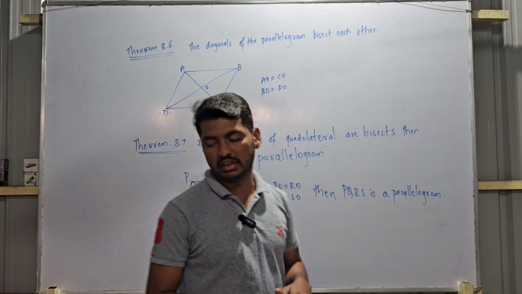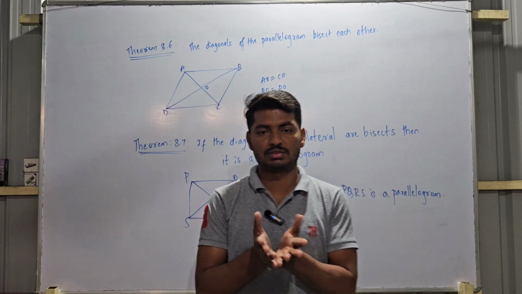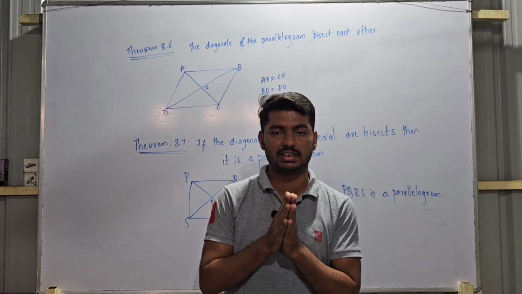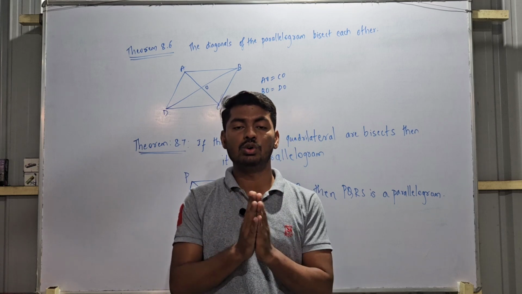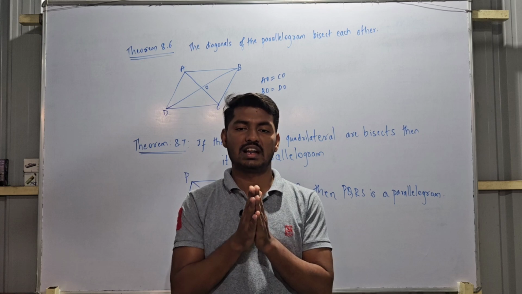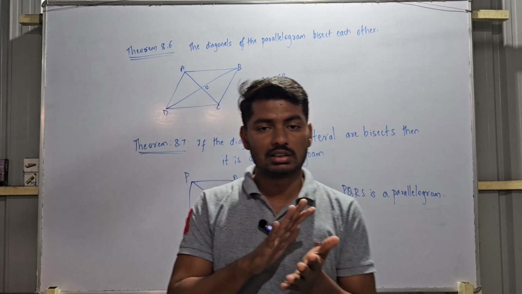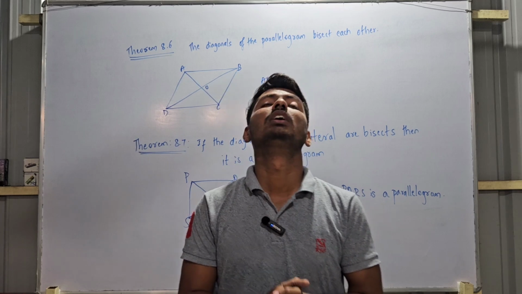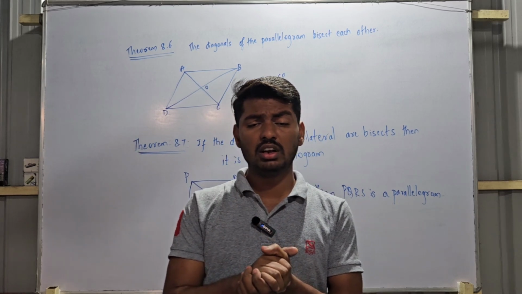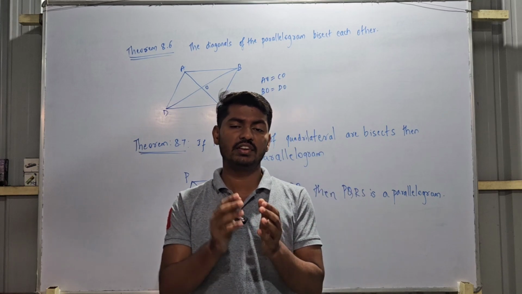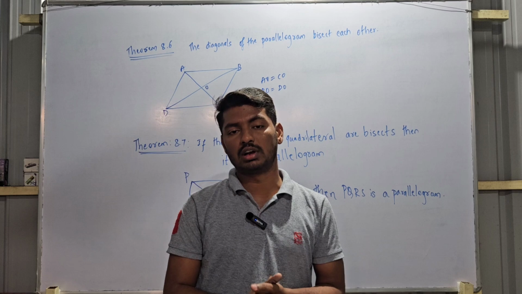So once again we will revise all the theorem statements. Theorem 8.1 states that the diagonal of a quadrilateral divides the quadrilateral into two congruent triangles. And 8.2 states that in a parallelogram the opposite sides are equal. Theorem 8.3 states that if in a quadrilateral the opposite sides are equal, then it is a parallelogram.